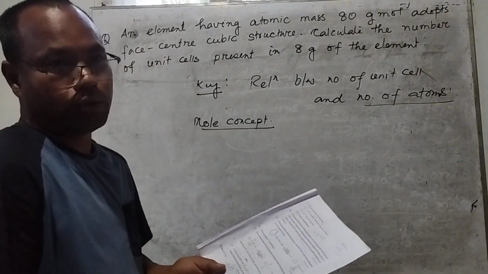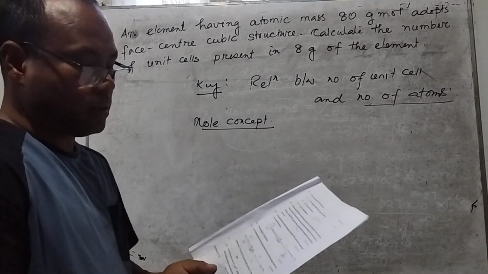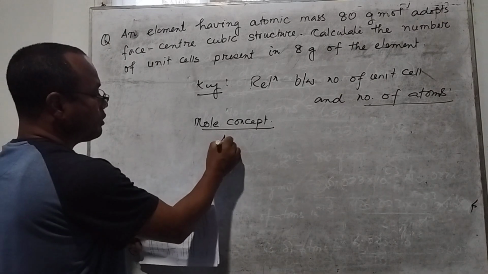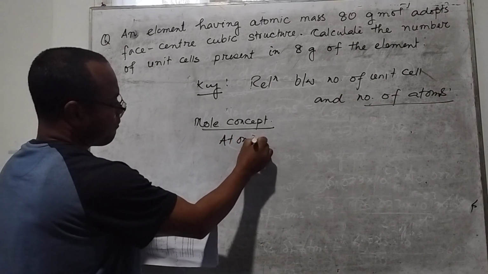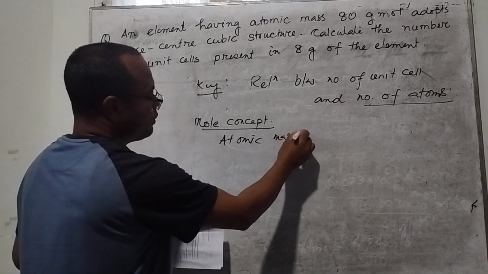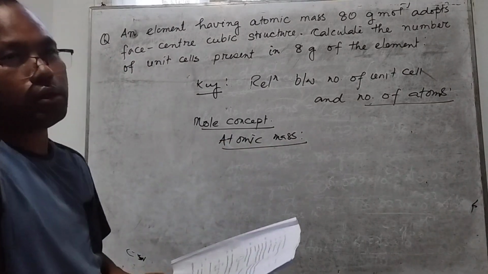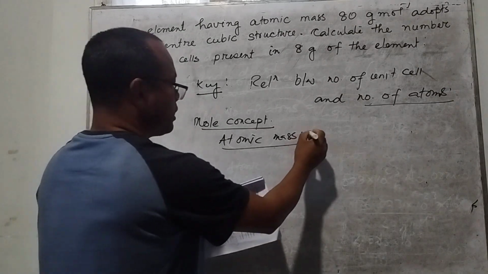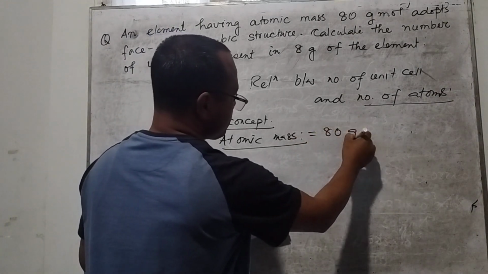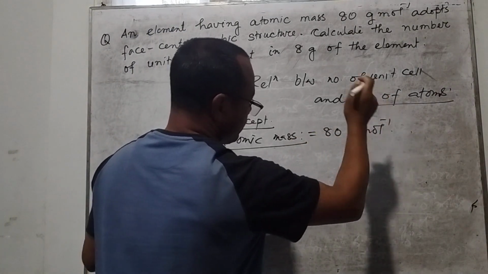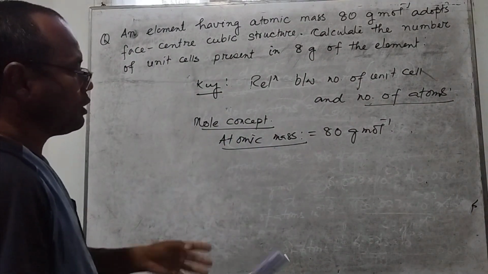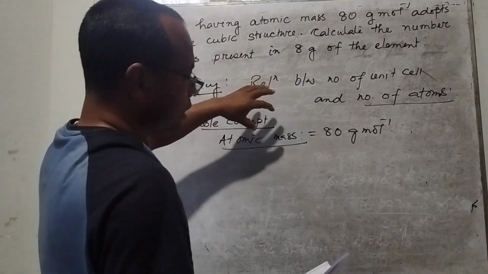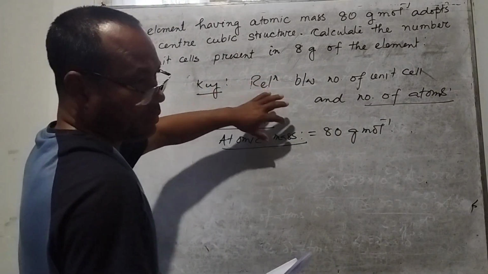Look at the question: the atomic mass of the element is 80 grams per mole. So I write here atomic mass. What does it mean? Mass of 1 mole of atoms. So the atomic mass is 80 grams per mole, right? What it means is that we are going to calculate the number of atoms from the atomic mass.